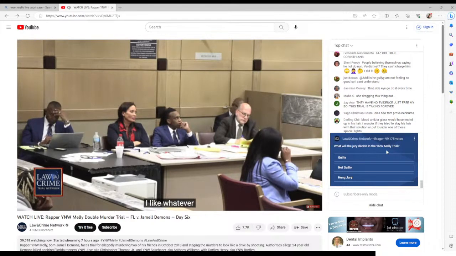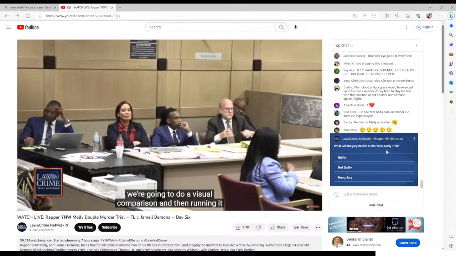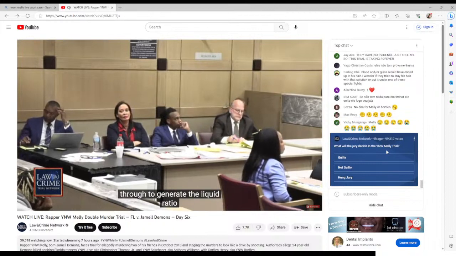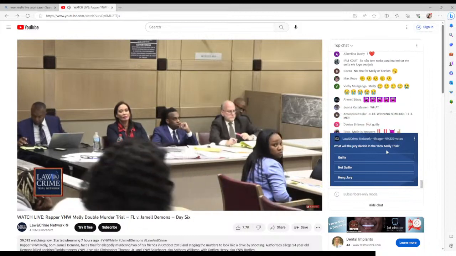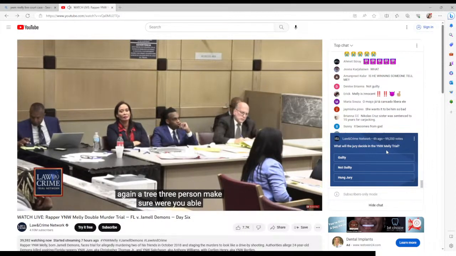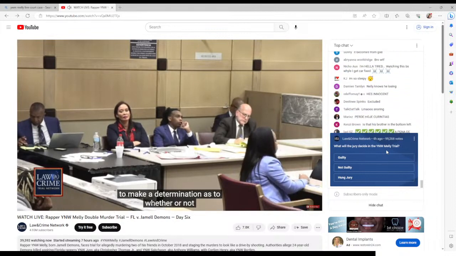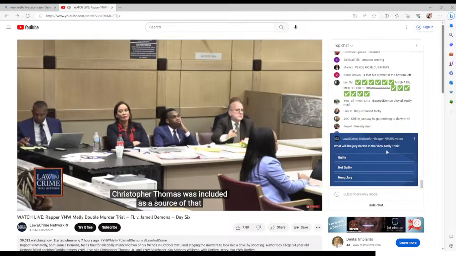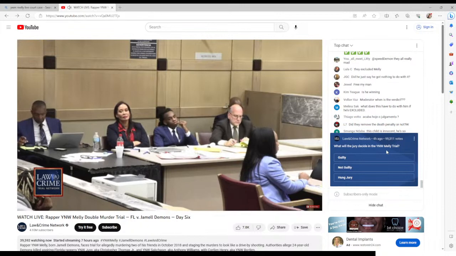Yes. So again, after doing the visual comparison and then running it through to generate the likelihood ratio, it resulted in an exclusionary likelihood ratio. When you looked at it again as a 3-person mixture, were you able to make a determination as to whether or not Christopher Thomas was included as a source of that mixture?